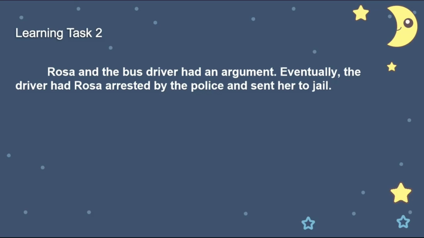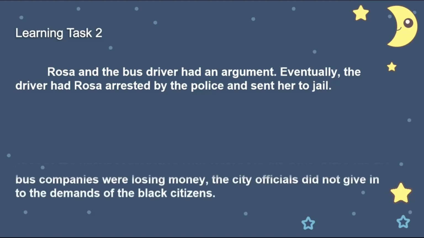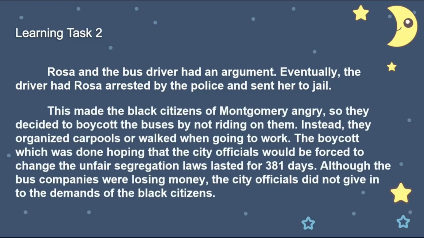Eventually, the driver had Rosa arrested by the police and sent her to jail. This made the Black citizens of Montgomery angry. So they decided to boycott the buses by not riding on them. Instead, they organized carpools or walked when going to work.